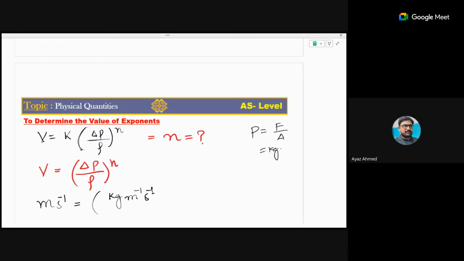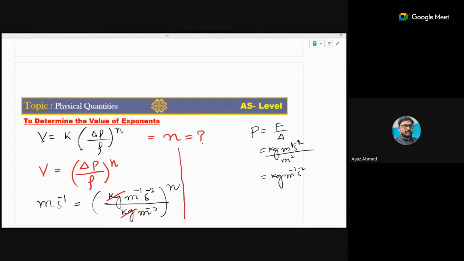Force is kg m s minus 2, and area is m square, so pressure would be kg m minus 1 s minus 2. Here density is kg m minus 3, whole power n. Now you will just cancel out wherever it can be cancelled and further simplify.